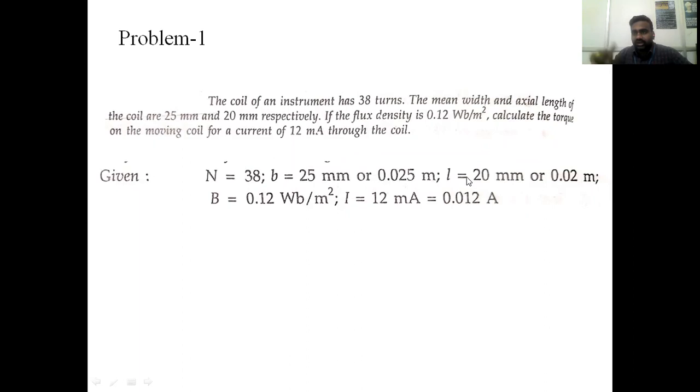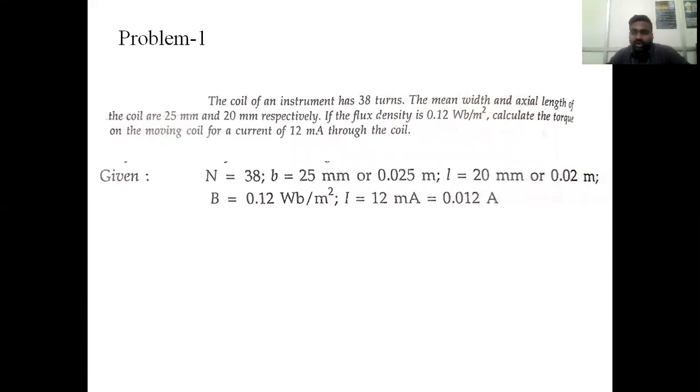The length of the rectangular former is 20 mm, that is 0.02 meters. The flux density is 0.12 Weber per meter square, which is clearly stated in the problem. The actual current flowing in the coil is 12 milliamps, that is 0.012 amperes. So this is the given data from the problem.